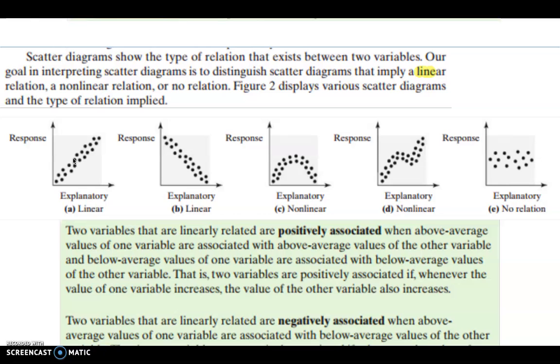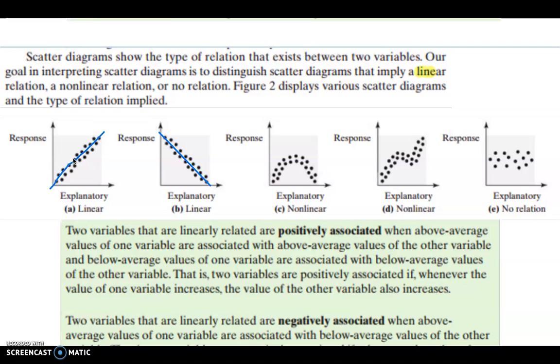For example, for this graph right here, you can draw a line that shows the tendency for these variables. As the explanatory variable increases, the response variable increases. And then this one right here is the opposite. As the explanatory variable increases, the response variable decreases.